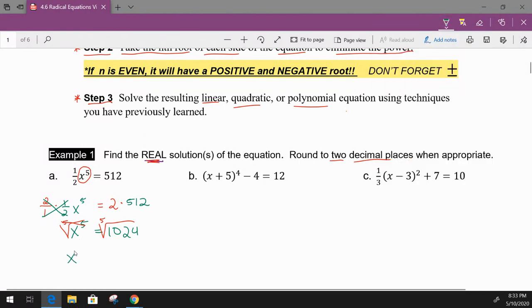And since 1024 is a nice perfect 5th power, when you take the 5th root of 1024, you get 4. Since this is an odd root, there is only one root. Had this been a negative 1024, then your root would be negative. But since it's a positive, your solution or root is positive.